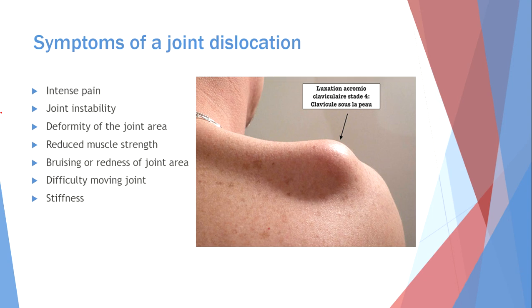You must understand we have used two humerus joint dislocation, and in this case the patient didn't feel intense pain. He didn't feel any pain at all. But all these signs he felt.